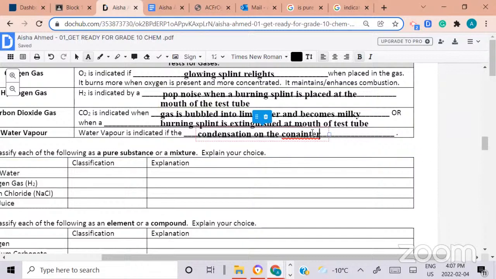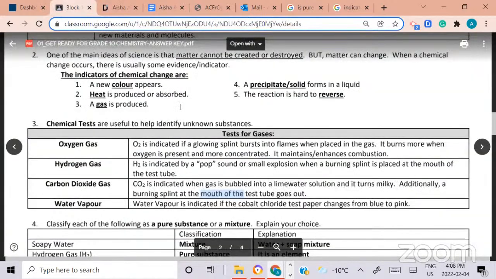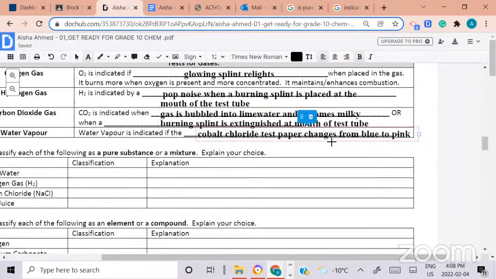Cobalt chloride test paper changes from blue to pink. Is that what it said? Go back. Okay, yes. Okay, next part.